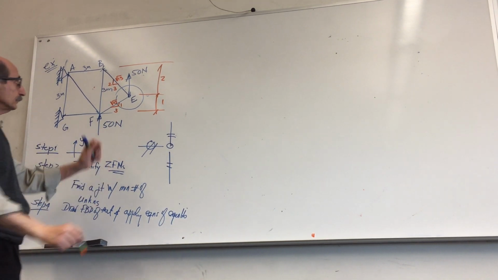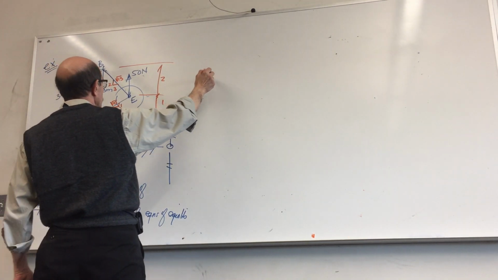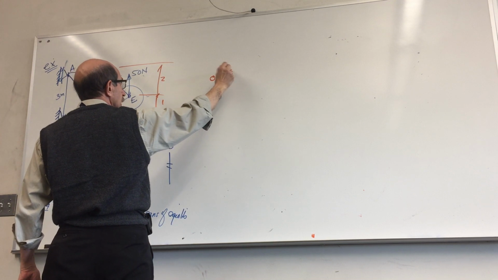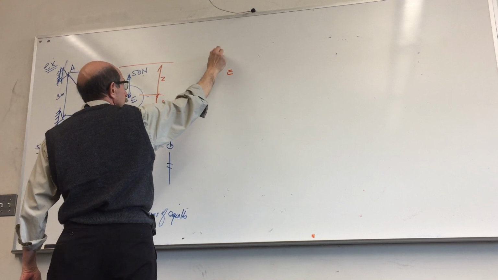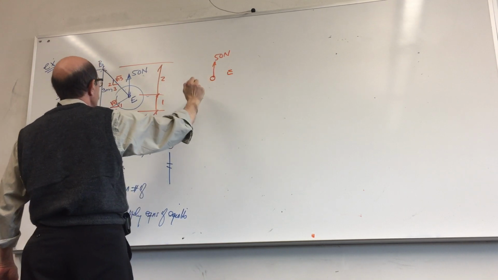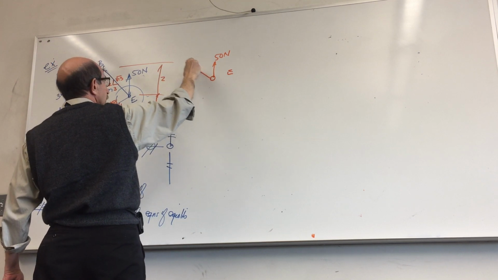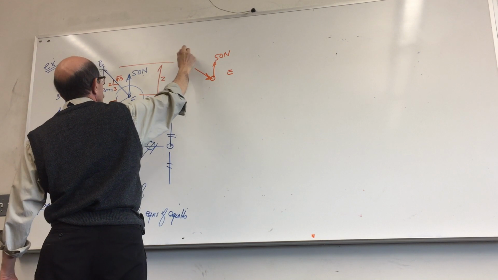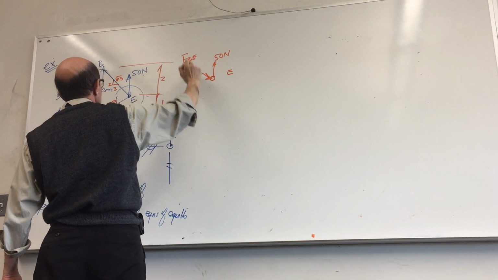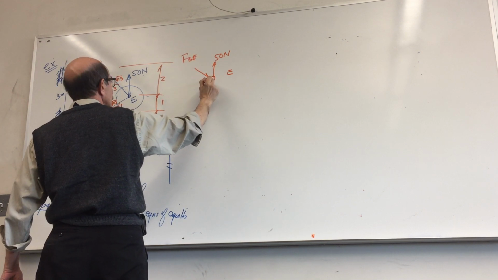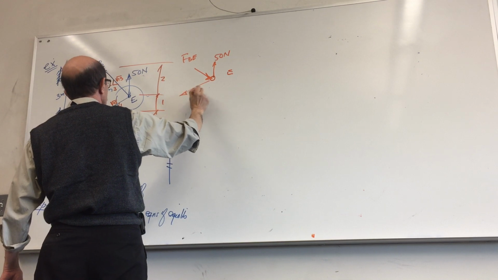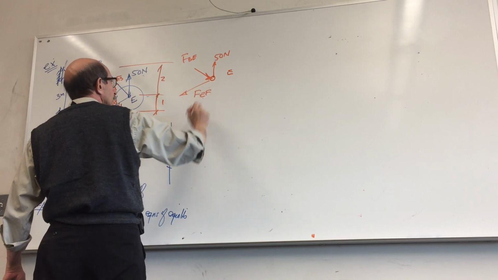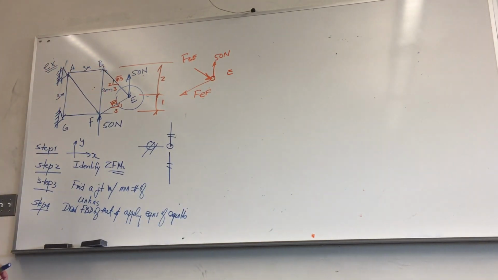If I draw the free body diagram of E, I have this force, 50 Newton. I have this force FBE, and then this force FEF, and that's the free body diagram, right?